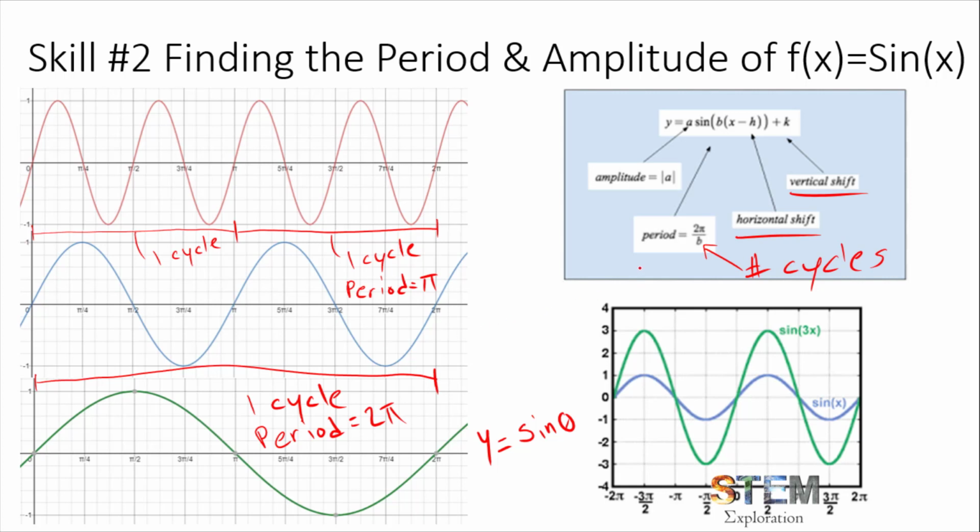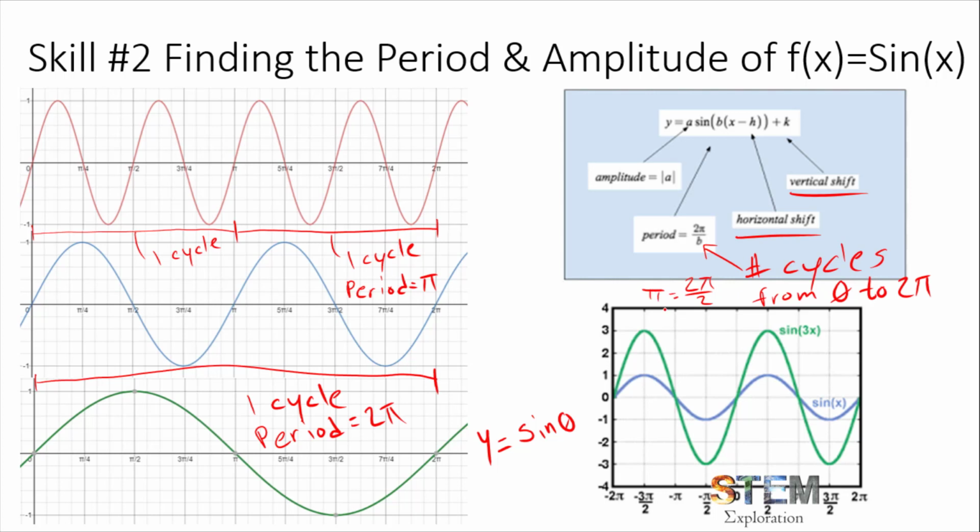What you do is you go, well, how many cycles are there from 0 to 2 pi? Well, from 0 to 2 pi, there are 2 cycles. So if we go 2 pi and we divide by 2, we know that the period is equal to pi.